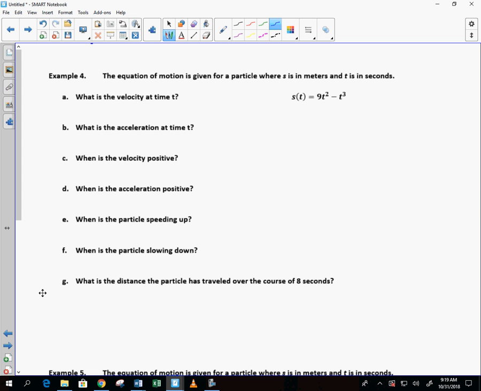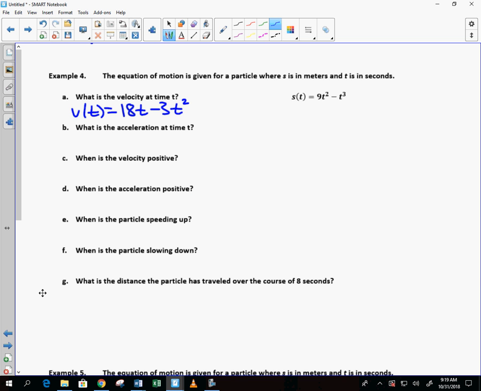The equation of motion is given by a particle where s is in meters and t is in seconds. What is the velocity at time t? What do I do? What else would you say? V is fine.